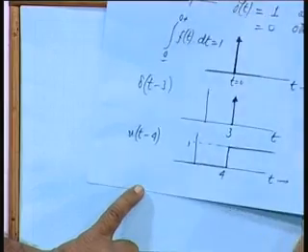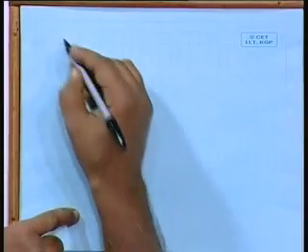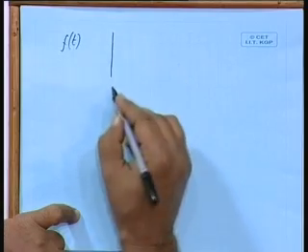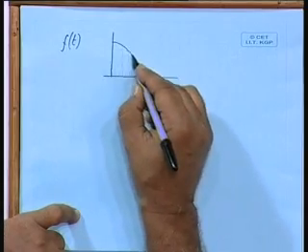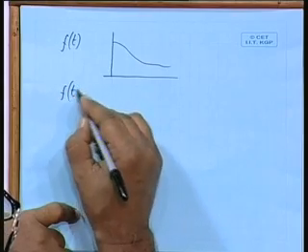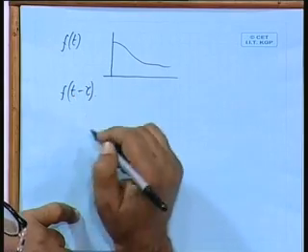So, any function, if we shift it, f t is a function like this. Then what is f t minus tau?